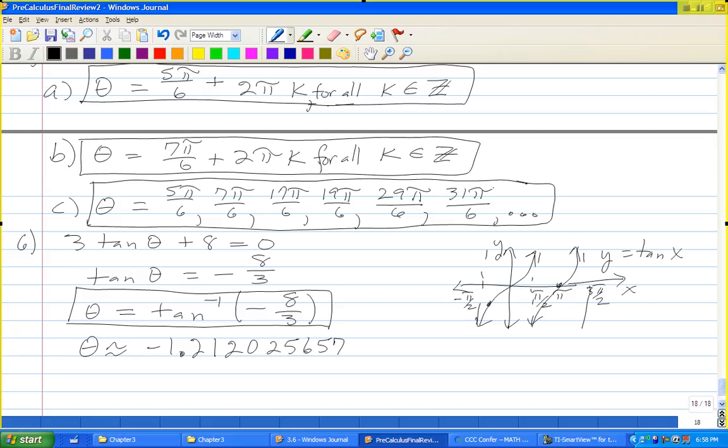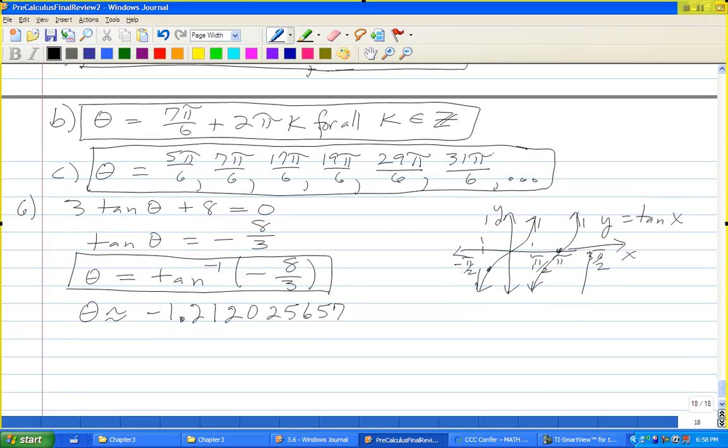Now, tangent will be negative in the first and the fourth quadrant.